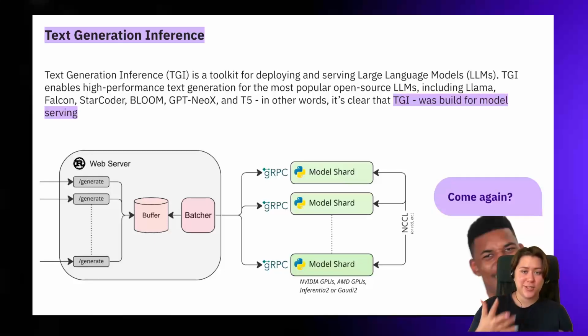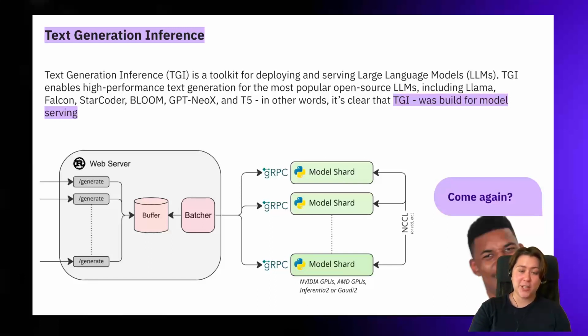Basically, the text generation interface is a tool provided by Hugging Face, our famous large language models platform. It is optimized for deploying your LLM models, and it works like this on the slide.